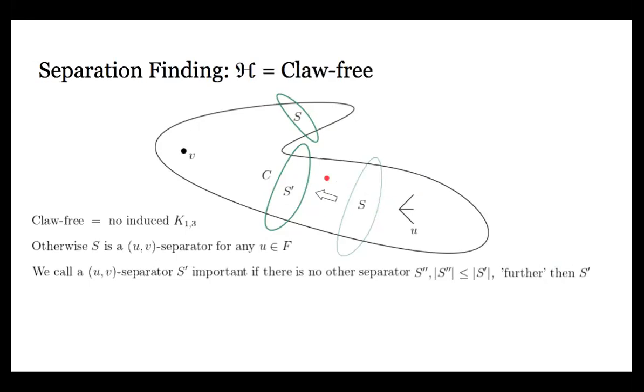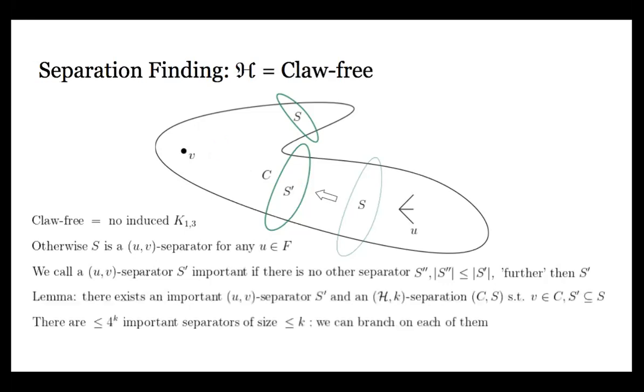So here on this picture, we can see that the separator S is not important because the separator S prime is further than S. But now we can see that if there exists such a separator S prime, then this structure is also an H-free separator covering our vertex V. So if we are able to push some subset of S towards V, then this part of the graph would still be claw-free.